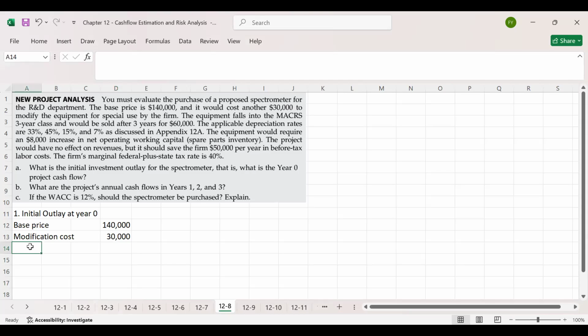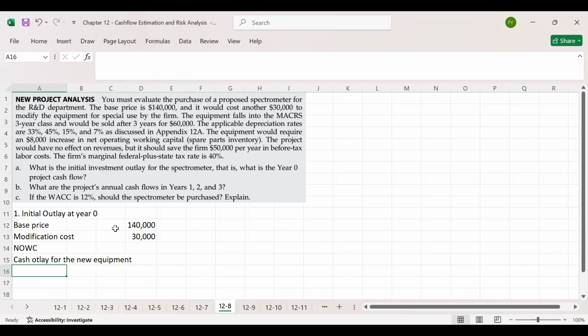So net operating working capital is also required. So the total cash outlay for the new equipment would be: this is 8,000, which is working capital.